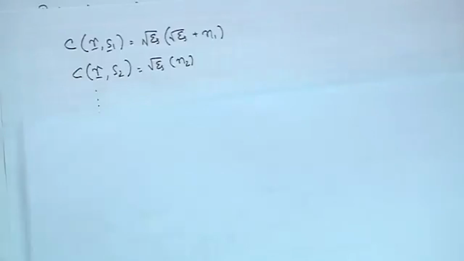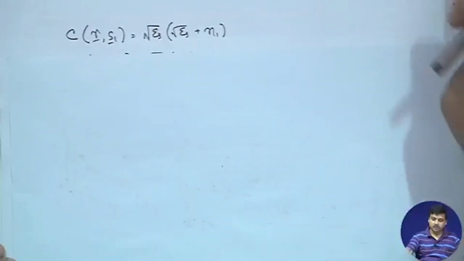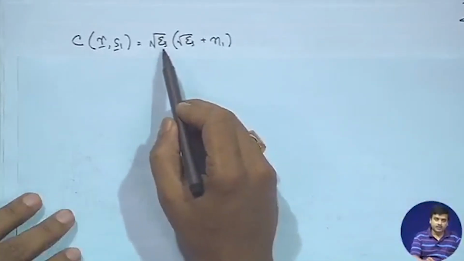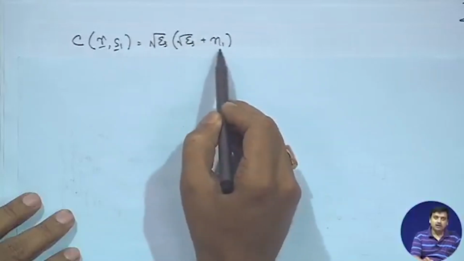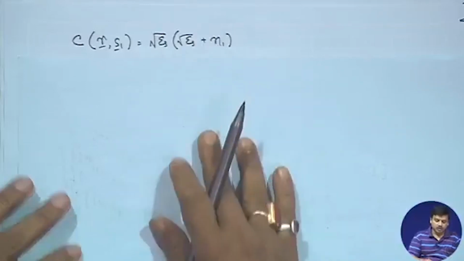Now let us take a look at what would be the correlator output of the first correlator. If we look at the first correlator, the signal is root over Es, S1, and this is the R component on the first dimension. So, this is the correlator output.